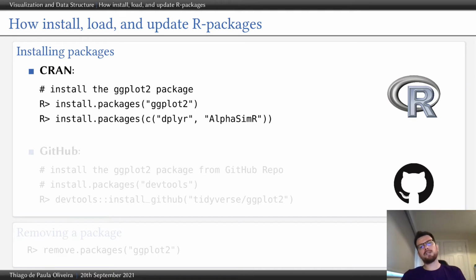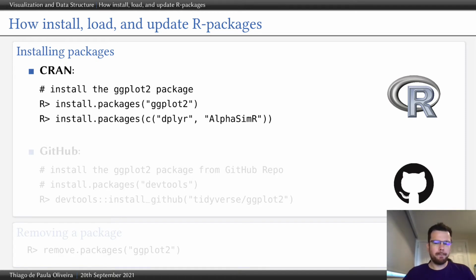So to install a package in R is very straightforward and easy. First of all, you have two main ways to install packages. You can use the install.packages function, including the name of the package you want to install between the quotation marks.